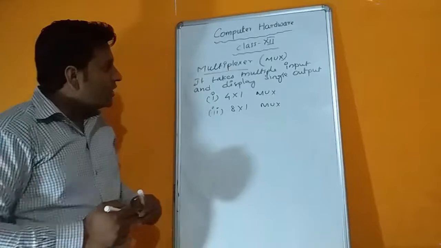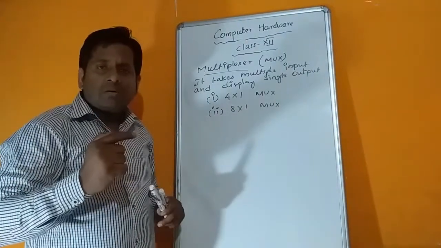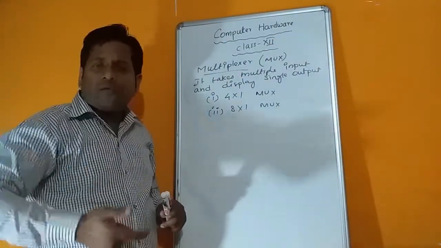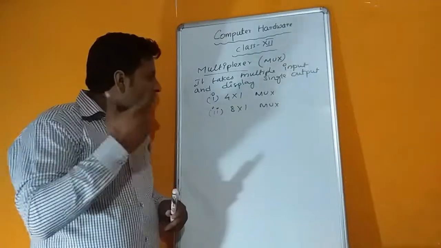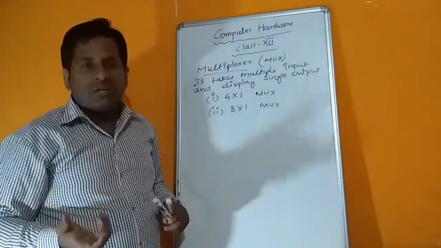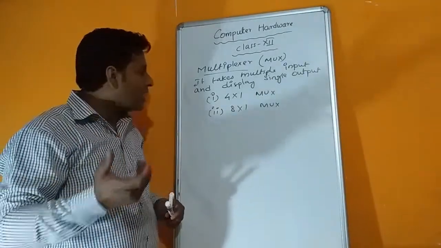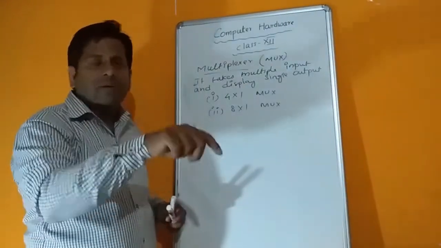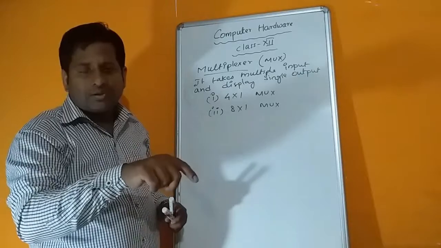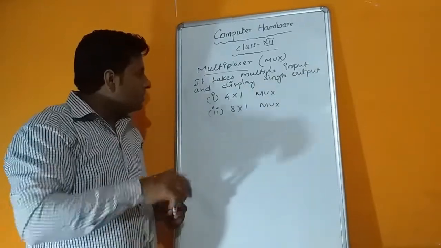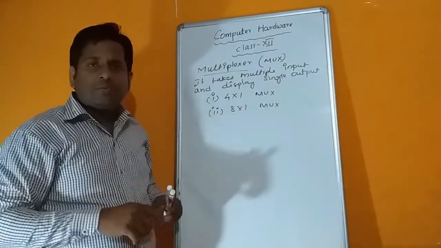So let me tell you children, multiplexers are actually generated from decoder. So to generate the multiplexer, we first have to take out the logic circuit diagram of decoder. Then only we can use that as multiplexer. So is this clear children up to this much?